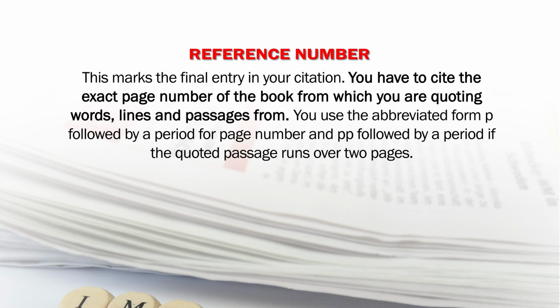You have to cite the exact page number of the book from which you are quoting words, lines, and passages. You use the abbreviated word p. followed by a period for the page number and pp. followed by a period if the quoted passage runs over 2 pages.